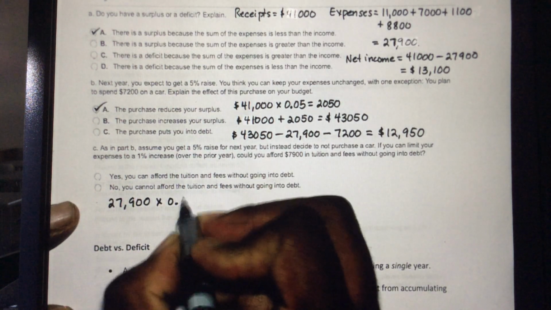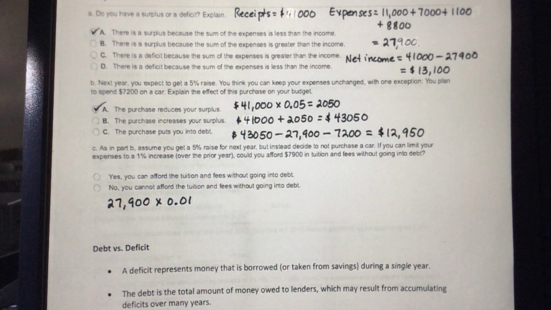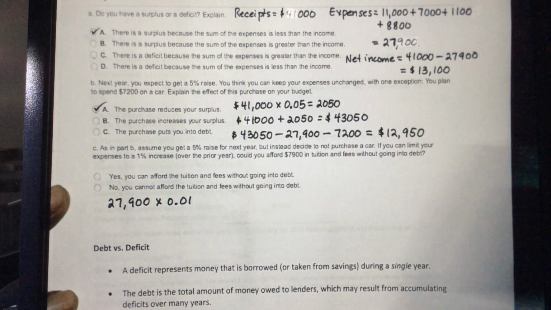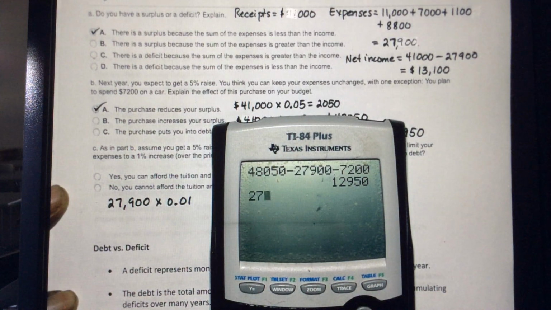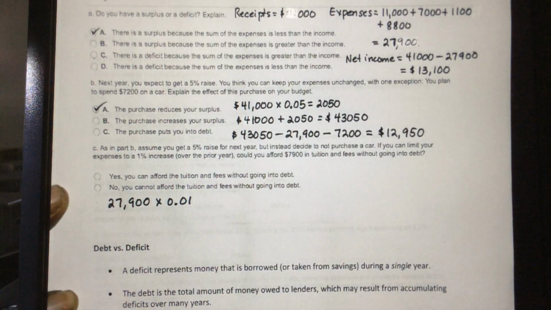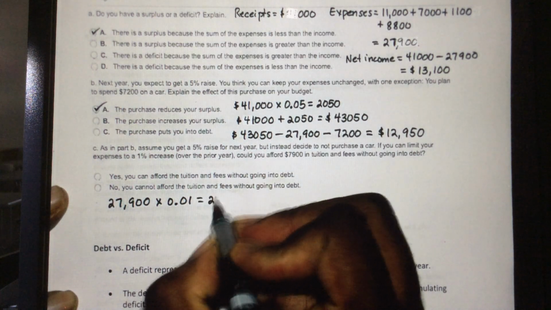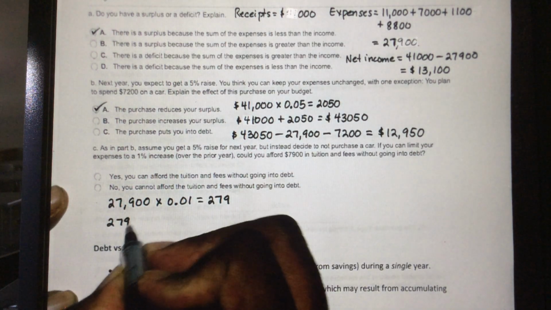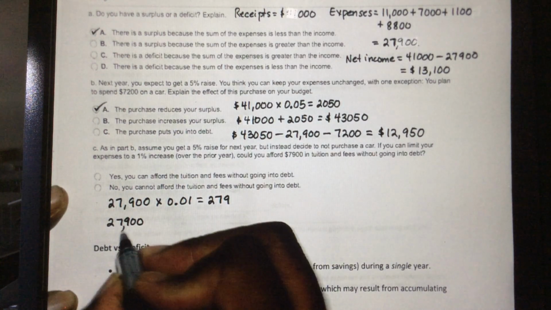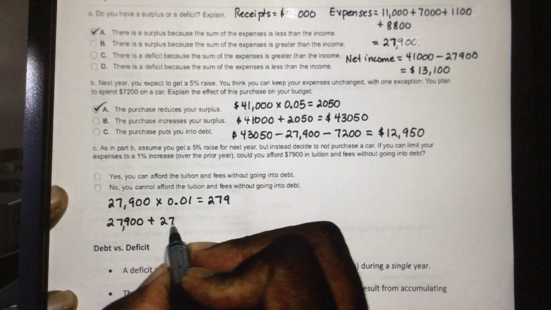That means 0.01 for 1%. Multiply that by $27,900. That would be $279. Then I'm going to add that $27,900 to the $279.